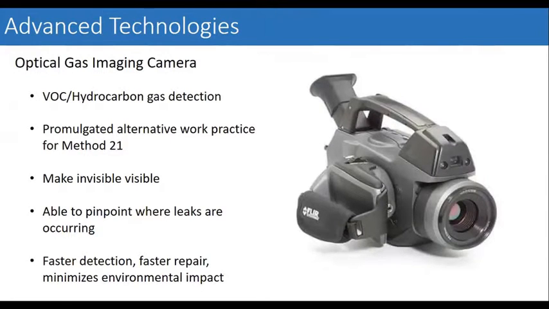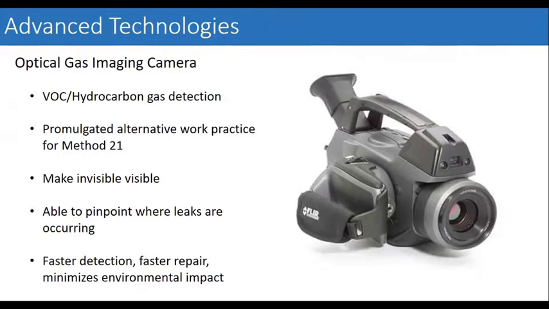The next technology is optical gas imaging, or OGI. And OGI would be useful for chemical manufacturing facilities or other facilities that are required to conduct leak detection and repair monitoring. It has been promulgated as an alternative work practice to reference method 21 in parts 60, 63, and 65. The general provisions in those parts outline the work practice.